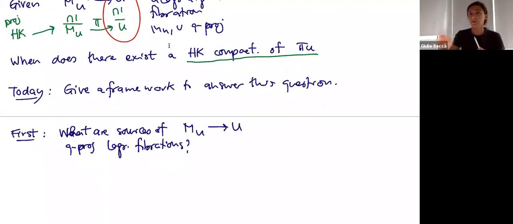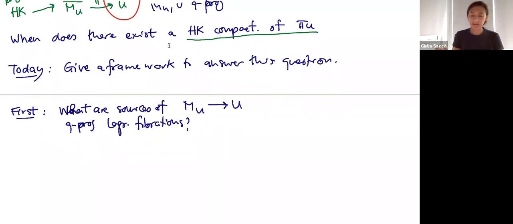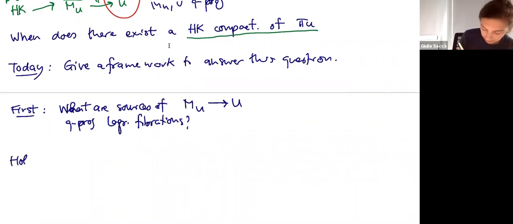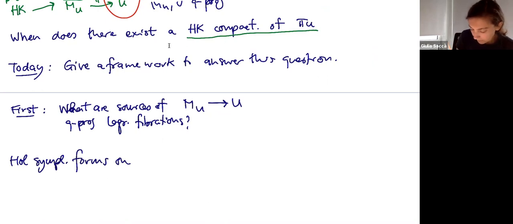There are many natural examples that come from geometry. And there are two main techniques, given a family of, say, abelian varieties, to construct holomorphic two forms on the total space. So here, holomorphic symplectic forms on families of abelian varieties.